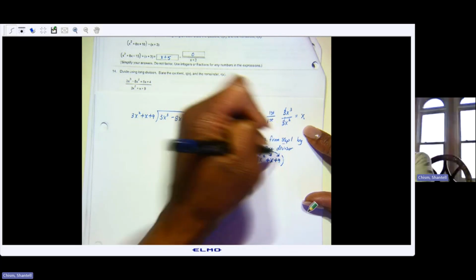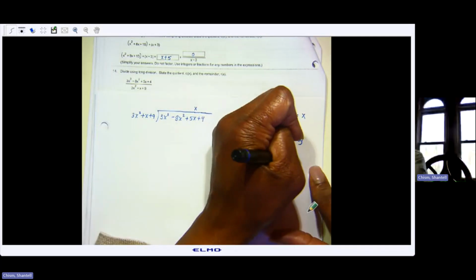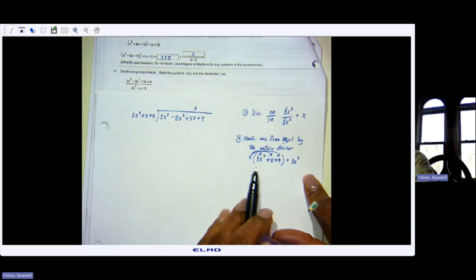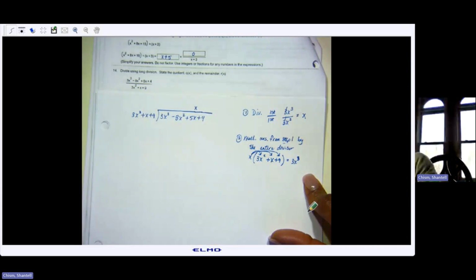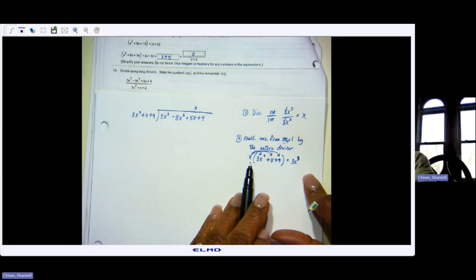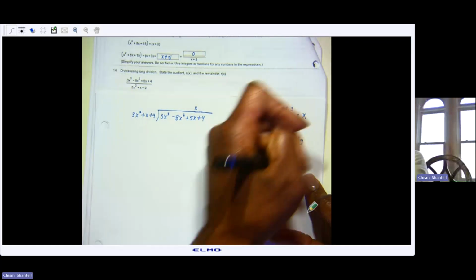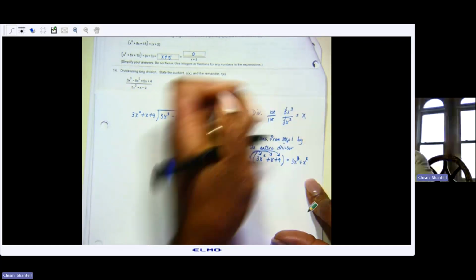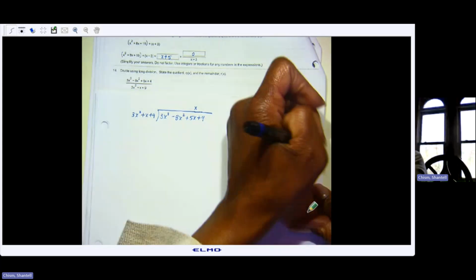Have to do that in order to correctly multiply. That's going to give me back my 3x cubed, because it's x times 3x squared. I'm going to get that back. Then the second term is going to be x squared because it's x times x. And then my third term is going to be plus 9x.